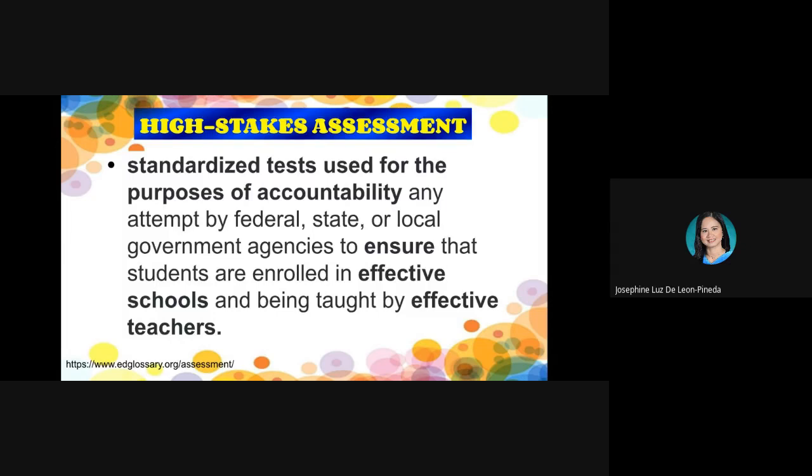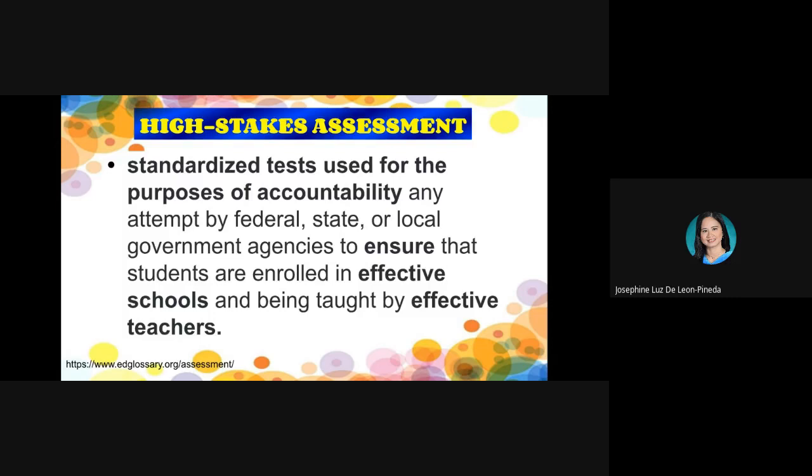What distinguishes a high-stakes test from a low-stakes test is not its form. When we say form, it is how the test is designed. But a high-stakes test is differentiated from a low-stakes test because of its function. So function here means how the results are used.